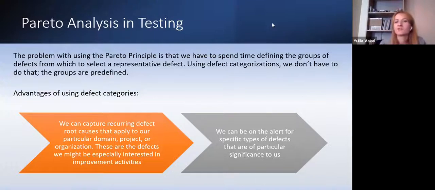If we're talking about defects, quite often organizations have their categorizations. They have tools, they have checklists. So these categories, these groups, are predefined. Let's say if you're talking about defects, it could be something defined by priority, severity, areas, different kinds of mistakes as well. So you can have these categories predefined.